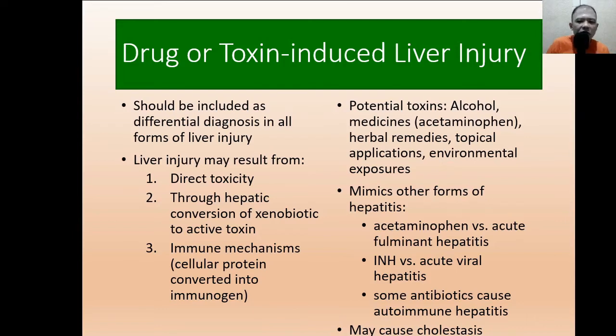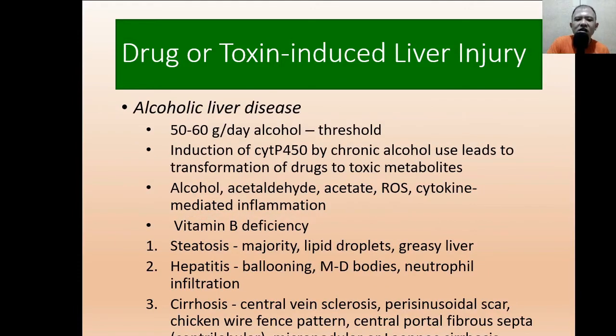Potential toxins, you can name anything, either alcohol or medicines. And it can cause cholestasis. Cholestasis is retention of bilirubin in the system. And when it manifests in the skin, it's called jaundice.